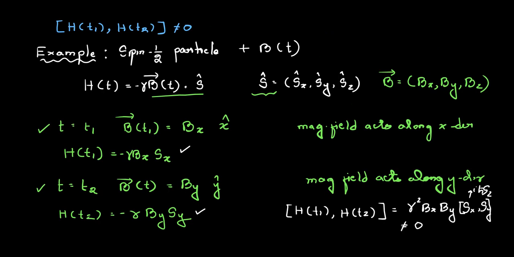So now let's try to understand a little deeper why this kind of commutator is creating the problem. Assume that your U of t, the operator, was in the exponential form, e to the power minus i by h cross, with an integration from 0 to t of H of t prime dt prime.